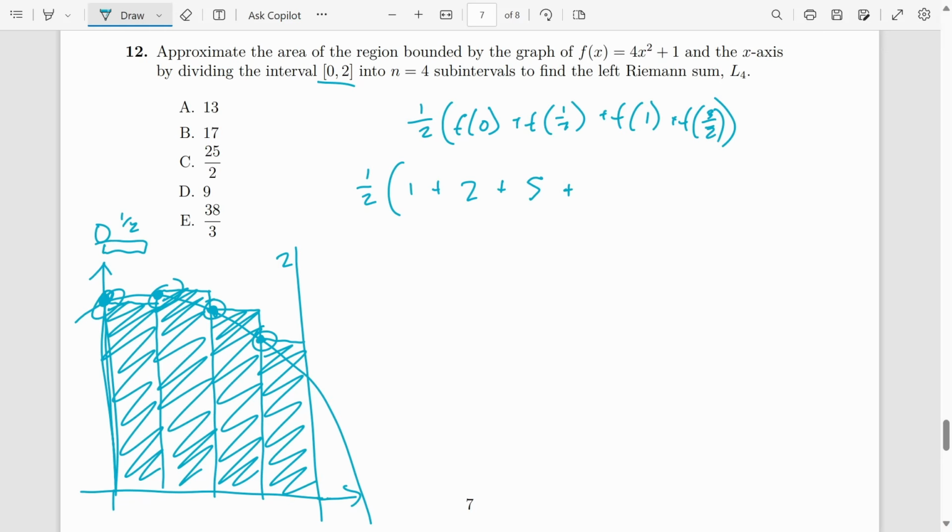Plus f of 3/2, that's 9/4 times 4. That's 9 plus 1 is 10. Adding all these up will be 18. 18 times 1/2 is 9. So that is the answer here. That is the total area of all 4 of these rectangles that we've drawn out using the Riemann sum.